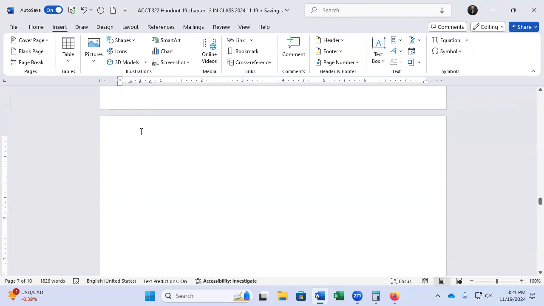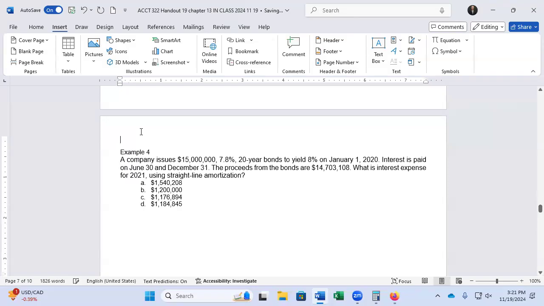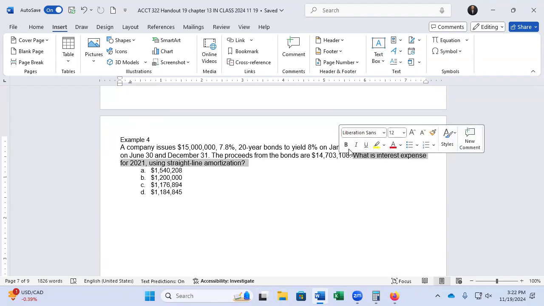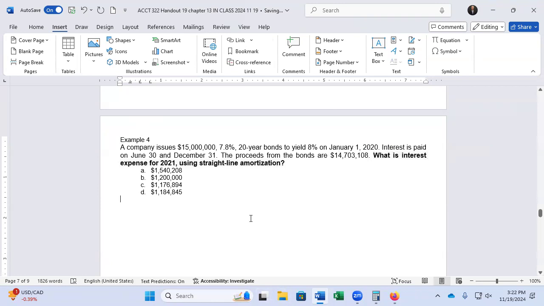Let's take a look at example 4. So it's mostly the same information, except for now they're issued on January 1, 2020. So a company issues, and we want to know what is the interest expense using straight line amortization for 2021.